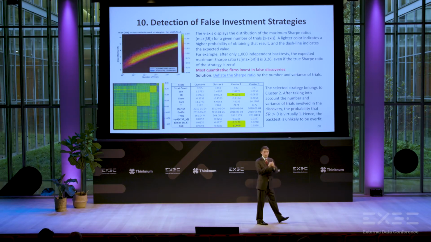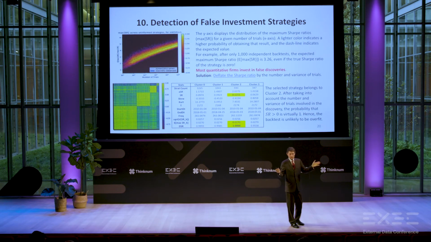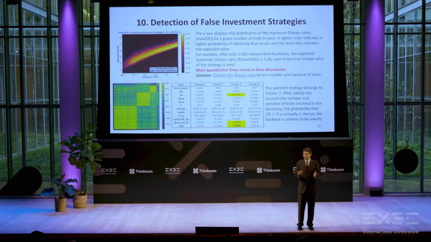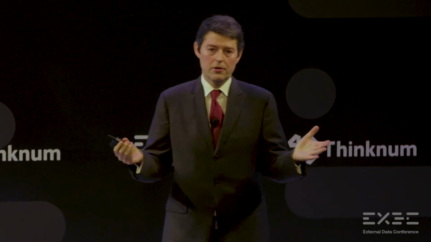If you give me a completely random time series, random meaning unpredictable, there is no way to come up with a legitimate investment strategy in this time series. Within a matter of minutes, I will identify to you a pseudo investment strategy with a very high Sharpe ratio, right?